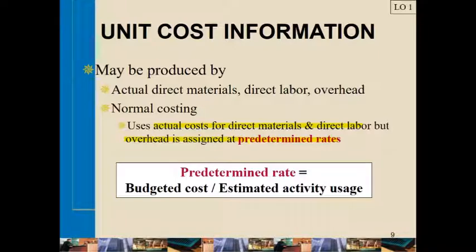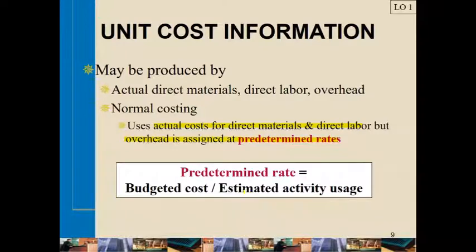So that is the reason why normal costing is usually what is used as the basis or measurement in getting your unit cost. So, in order for you to get your predetermined rates, which is called this in your cost accounting, right, that is your budgeted cost divided by your estimated activity usage.